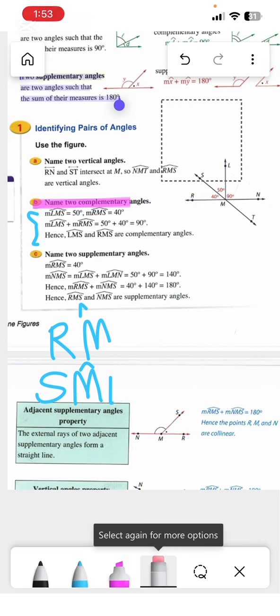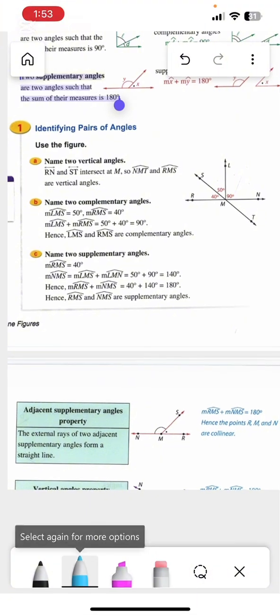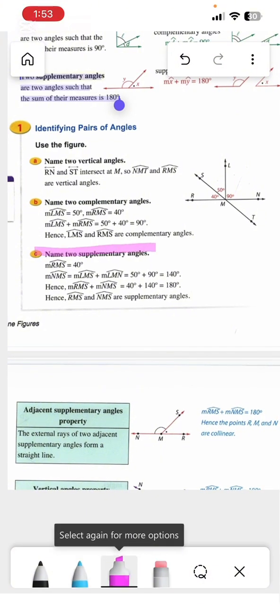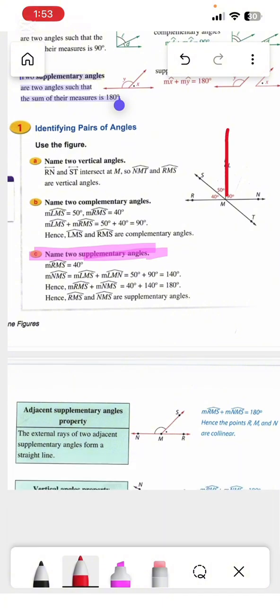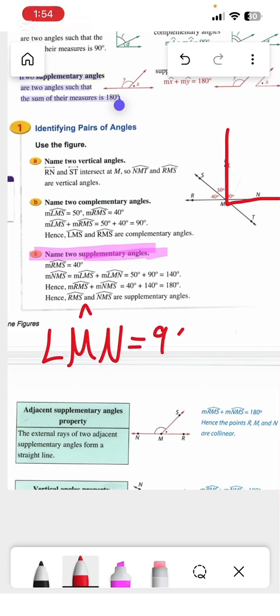Now look at section C. Section C says, name two supplementary angles. Supplementary angles are those angles that, when you add them, equal 180 degrees. If you look carefully, we have line LMN, so angle LMN is 90 degrees. We also have LMR.